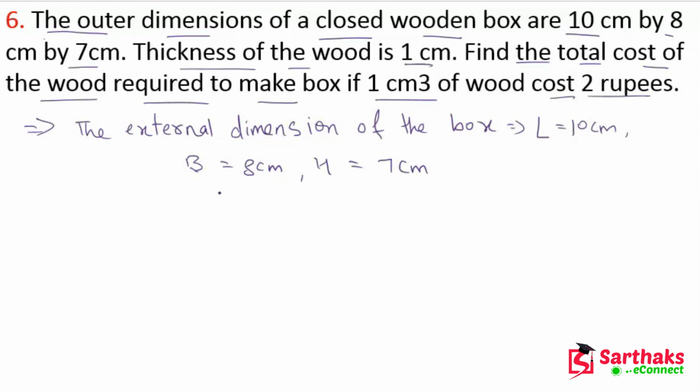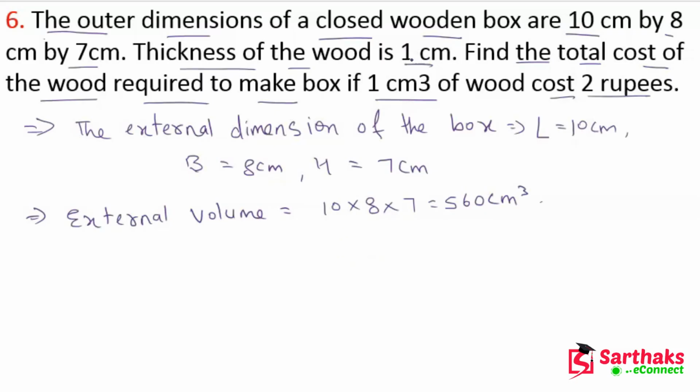Length, breadth and height we have. Okay, so what is the external volume? External volume is L into B into H, so 10 into 8 into 7, which gives 560 centimeter cube.